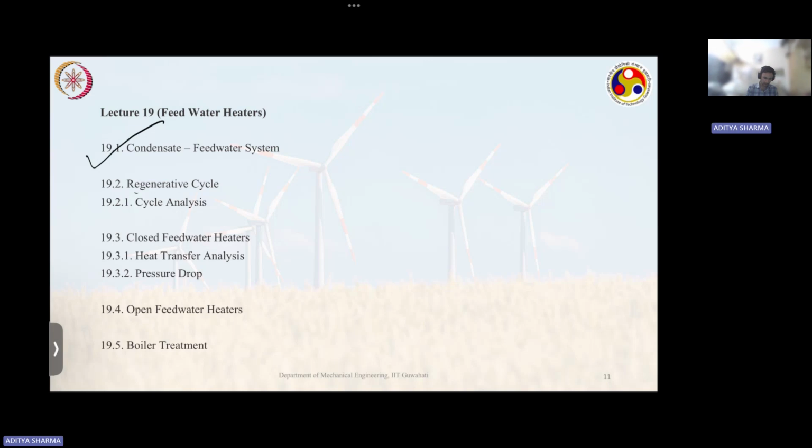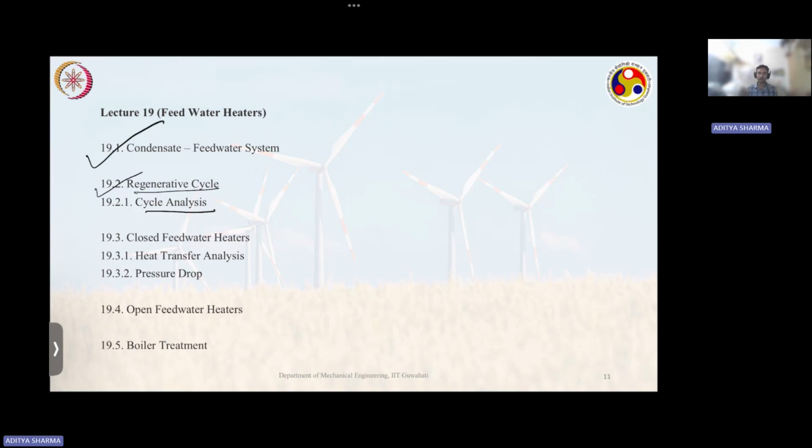Then the next topic that has been introduced is the regenerative cycle. We discussed regenerative cycles in the modified Rankine cycle week, I believe the third week. There we saw how we can use some part of the steam that is expanding.